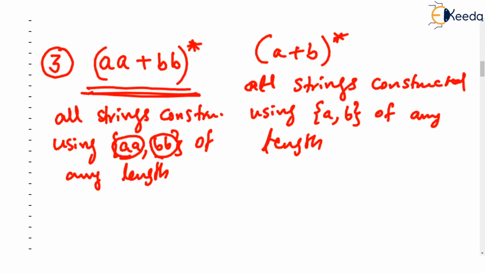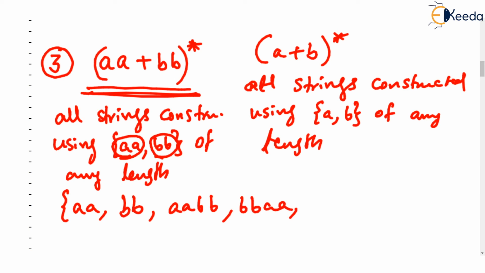So what will be the smallest string? Of course, AA. You have not concatenated it with BB. You can have BB, you have not taken the AA component, but you can have AABB, isn't it? Or BBAA or AAAABB. What did you do here? You took this component AA twice, but BB only once. Or you can have BBBBAA.